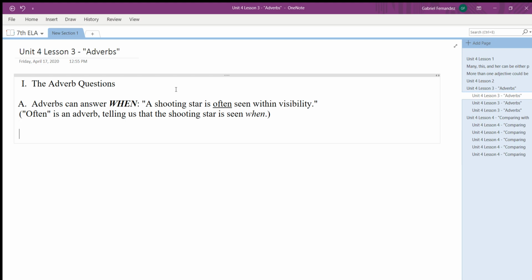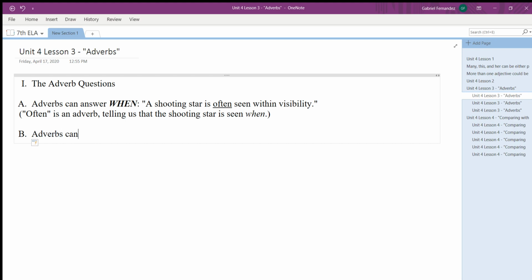And we know that seen is a verb and often is going with seen. So it's telling us that the shooting stars aren't just seen, the shooting star is often seen. We know that because seen is a verb and because it's answering the question of when, that is in fact an adverb. Okay, moving on.